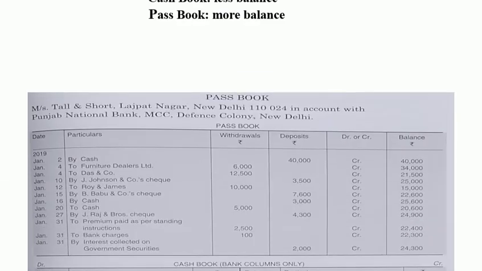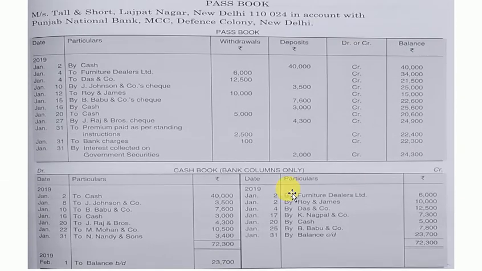So let us go into that example again to understand this point of bank charges or any interest charged by the bank. So since this is bank charges, it has to come in passbook first. So in passbook, let us see the transaction on January 31st, second last transaction, bank charges. So this is charges charged by bank which will go in the withdrawal column as rupees 100, and it is on the date January 31st.